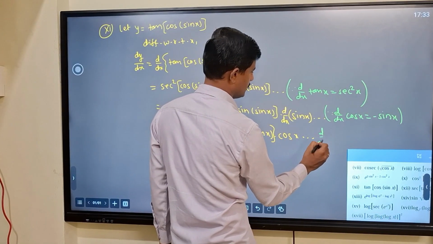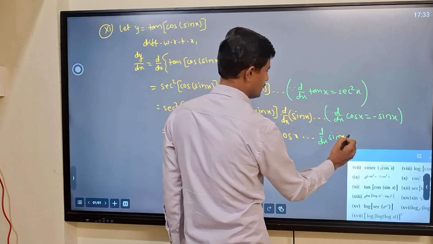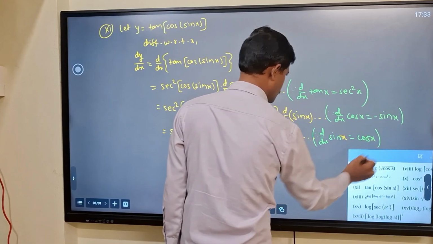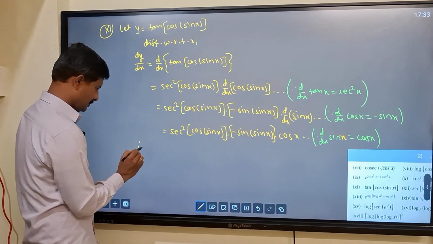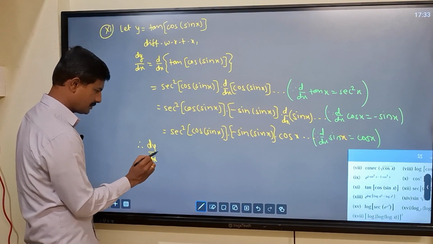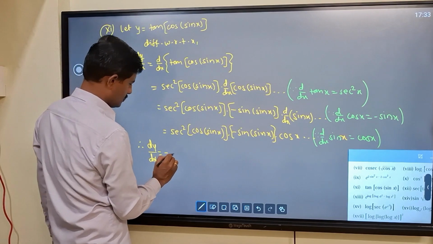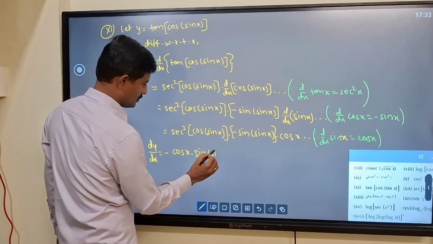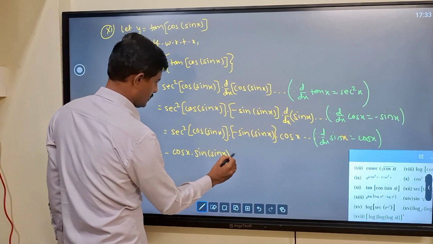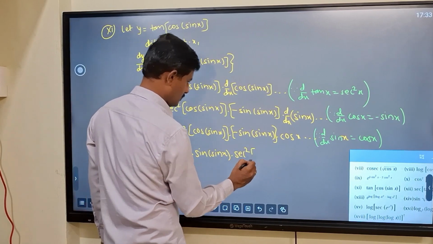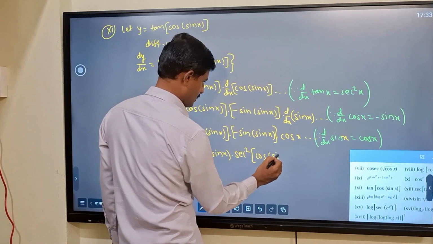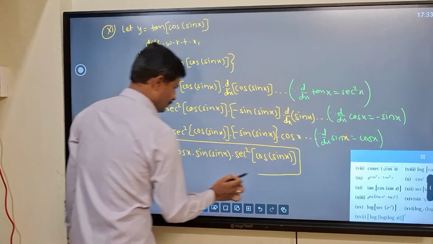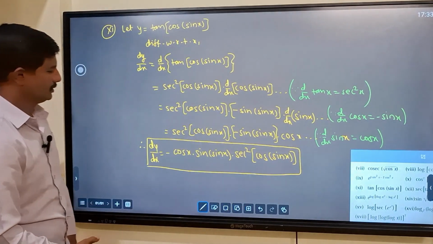This is a simple one. d/dx of sin x is cos x. Okay, now rearrangement. Therefore dy by dx will become minus, the short small term is cos x, then sin of sin x, then sec square cos of sin x. Okay, this is your 11th answer.